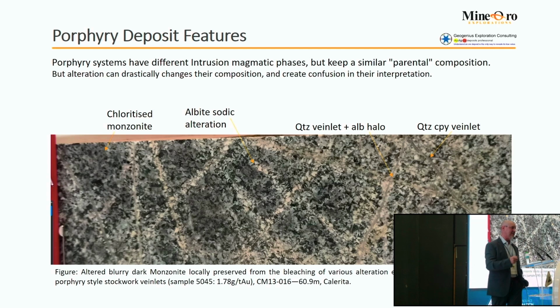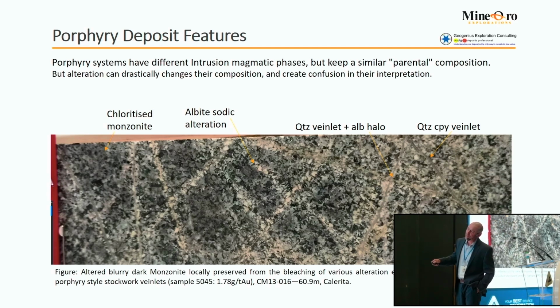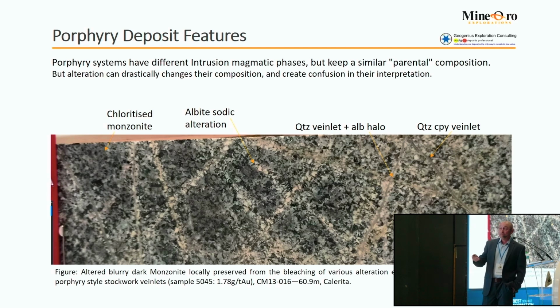So that's a lesson in humility for a geologist. Okay, that's a monzonite or whatever. If you look where it's preserved, it's the dark spot, the dark zone, and they're blurry. And they're blurry not because of that alteration, because there was an alteration there before. And I think it was propylitic at one point.